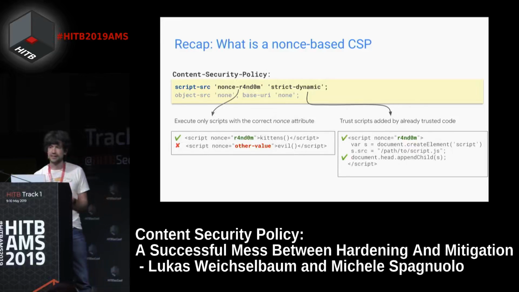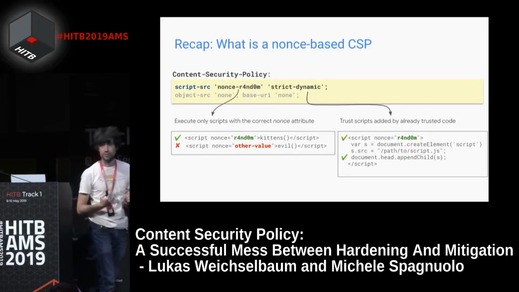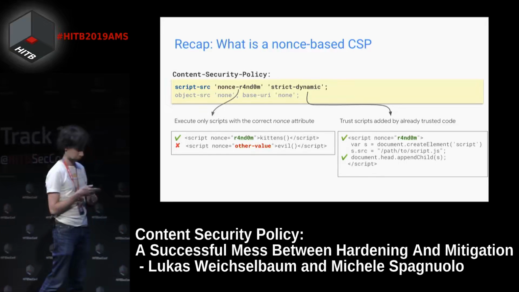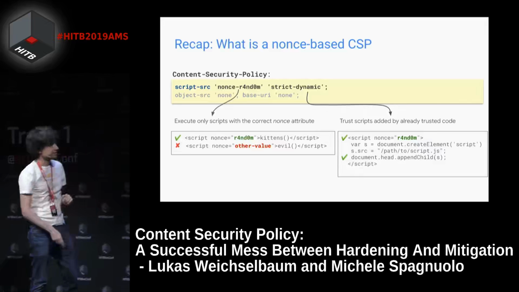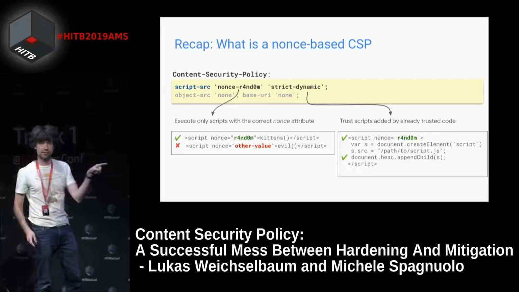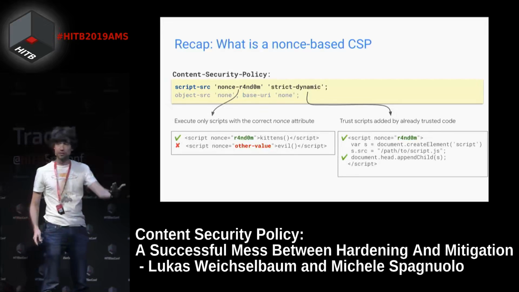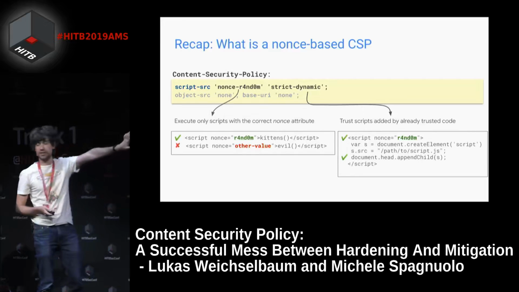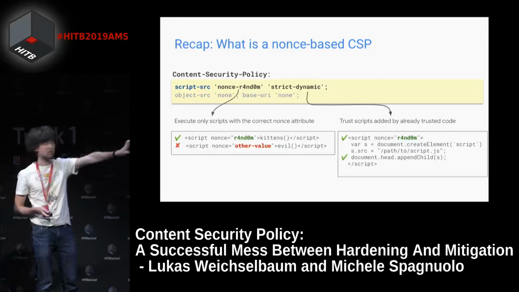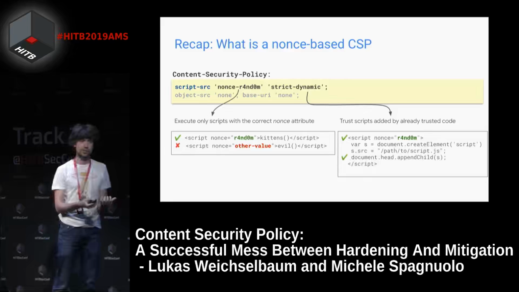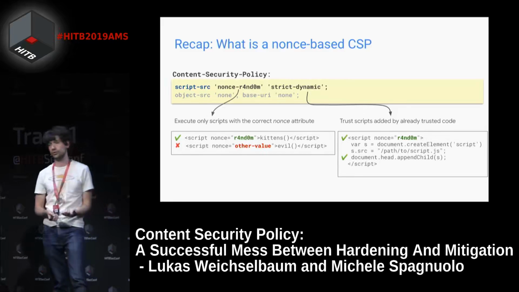Basically, what strict dynamic says is if you have a correctly nonced script and that script dynamically creates another script and appends it to the DOM, well, also allow the dynamically created script, because this is a trust propagation problem. We are explicitly marking as allowed the parent script, so trust gets propagated to the children, okay?